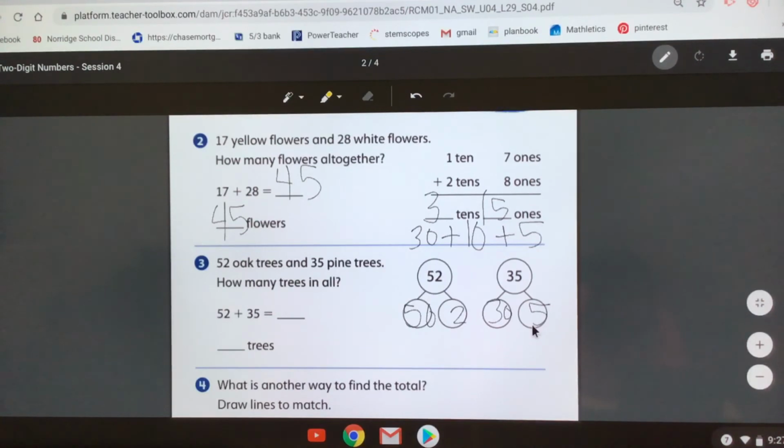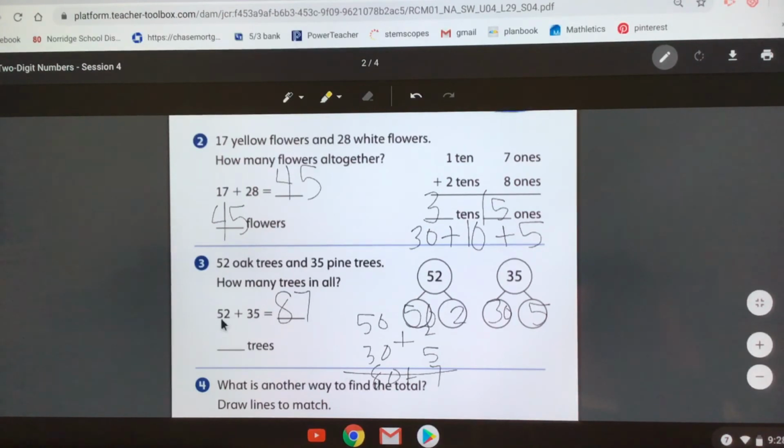Okay, so it would look like this to be adding our tens. We'd be adding 50 and 30 plus 2 plus 5. That's where I'm getting my numbers from. So 50 plus 30 is 80. 5 plus 2 is 7. 80 plus 7 is 87.